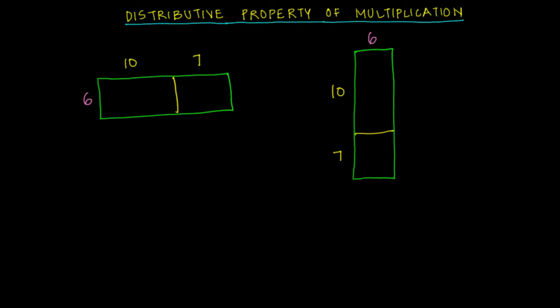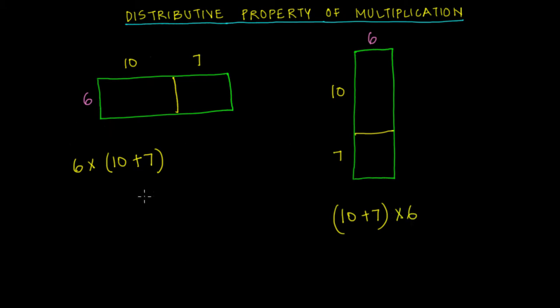Another important aspect of the distributive property of multiplication is shown here. This shows 6 times 10 plus 7, and this shows 10 plus 7 times 6.